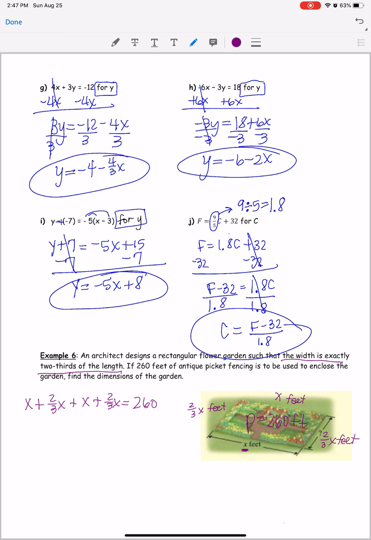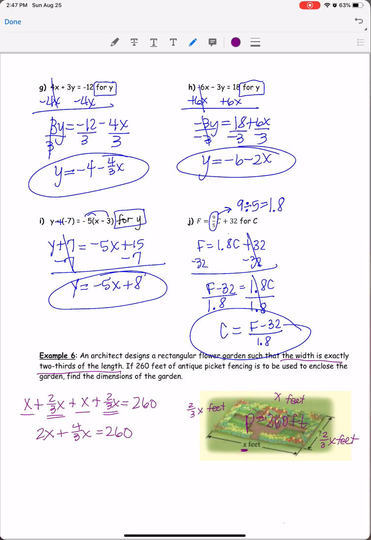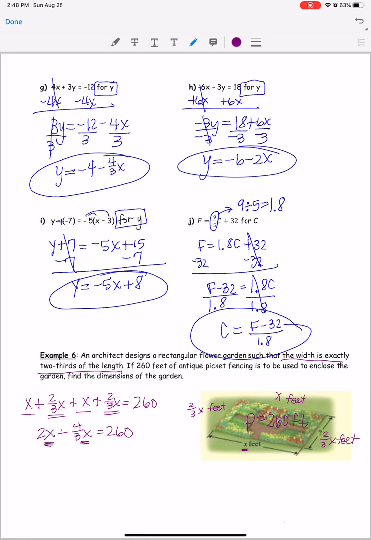But to kind of make it a little bit easier, X plus X is 2X. 2/3 X plus 2/3 X is 4/3 X. Okay, and that's what I found that a lot of people will do. But it's still like terms. Even though one's a whole number and one's a fraction, it's still X and it's still X. So go ahead and combine.